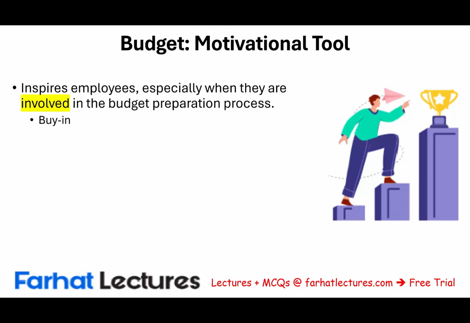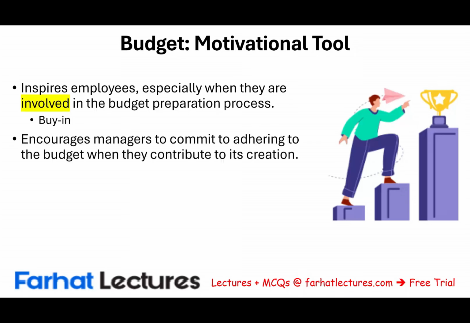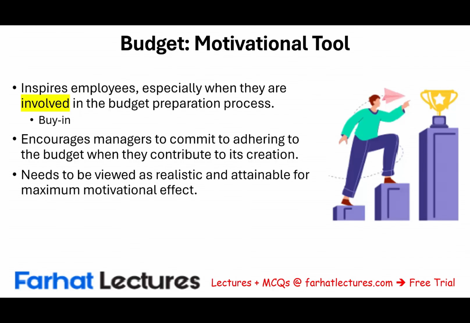That's the assumption here. So it encourages managers to commit to adhering to the budget when they contribute to its creation. So if you let management participate, and we'll talk about that later, in the budget process, they are committing themselves to this budget. Now, bear in mind, the budget needs to be viewed as realistic and attainable for maximum motivational effect.